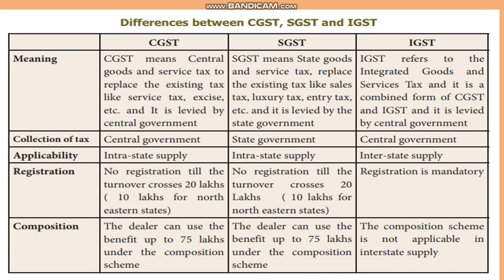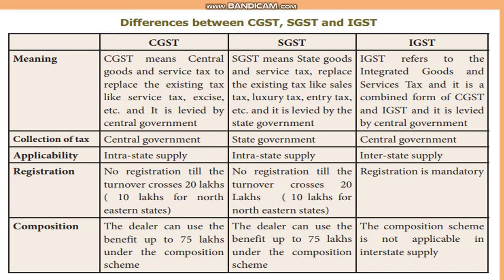This slide clearly explains the differences between types of GST. The types of GST are CGST, SGST or UTGST. If the supply is made within a state, it is called SGST, or if the supply is made within a union territory, it is called UTGST.